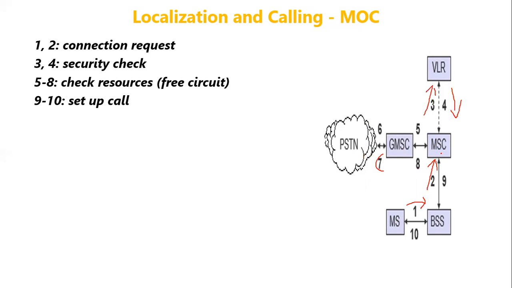Okay. And then to BSS and then MS. So then the call setup is done. Okay. So this is how localization and calling works in MOC, that is mobile originated call.